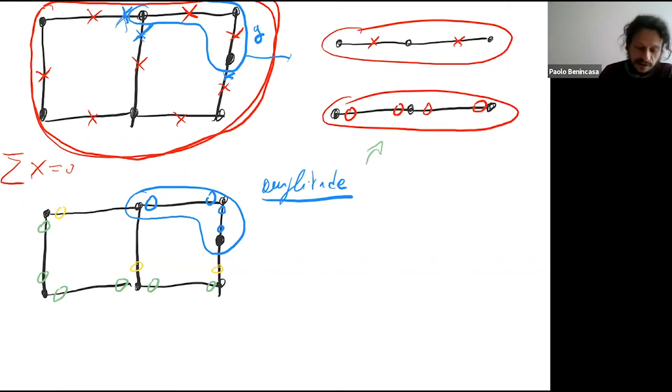So let me label x1, x2, x3. So I have x1 plus x2 plus x3, and then these other y's, y34, y16, and y23, plus this sum of y equals 0.